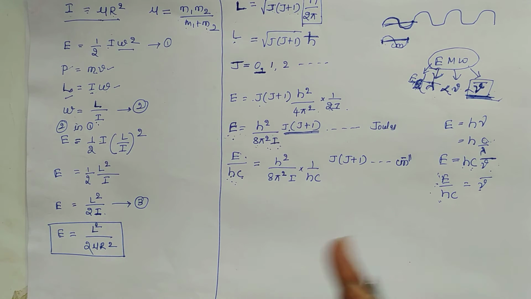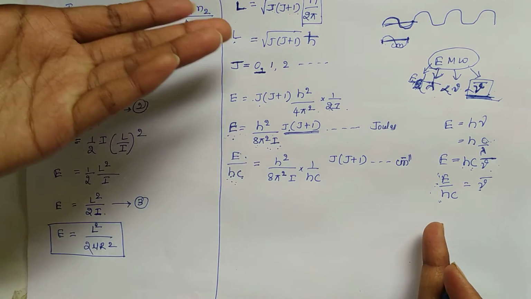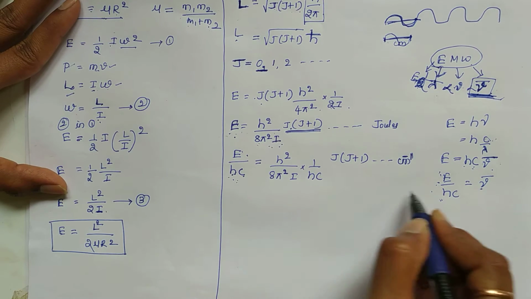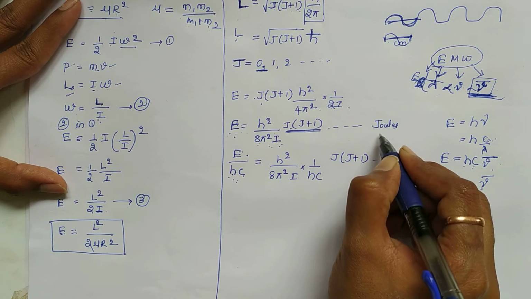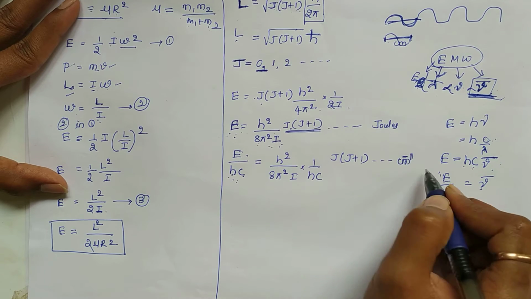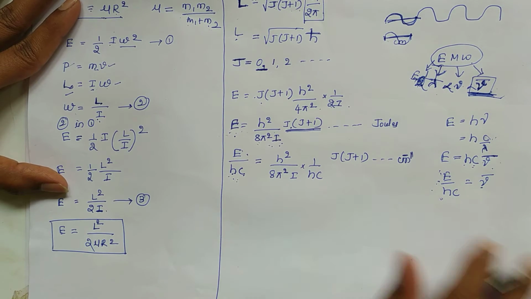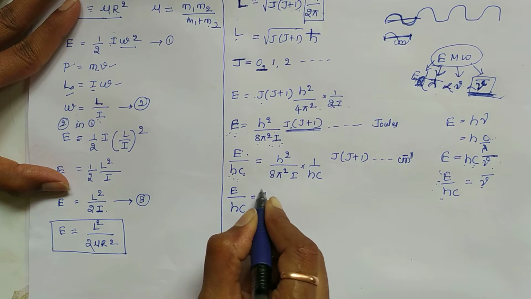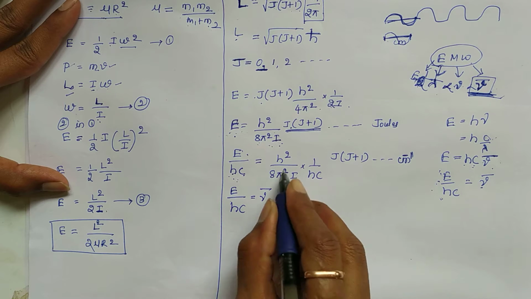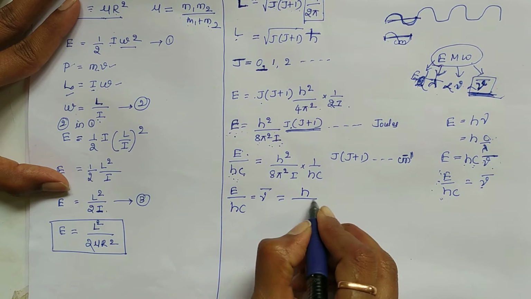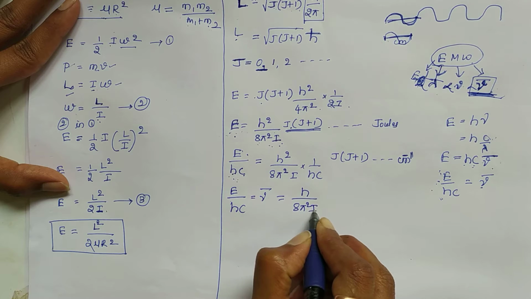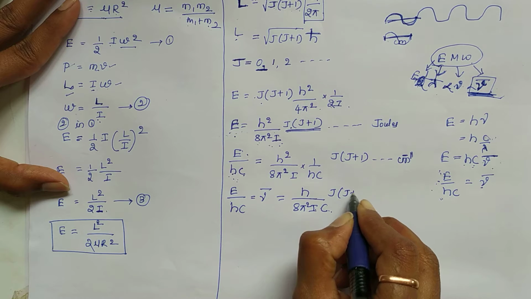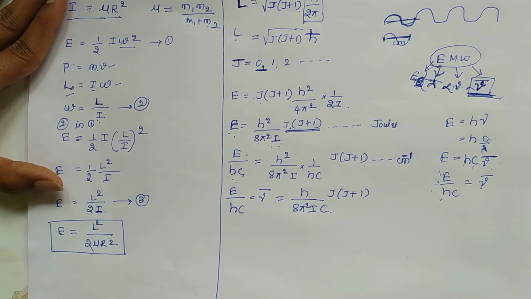Per unit length we are measuring, and length we can express in centimeters or meters, so the unit will be per centimeter. Earlier the energy was in terms of joules; now I have converted that into centimeters. So if we simplify, E by hc represents wave number, and that is equal to h divided by 8 pi square I into c, into J into J plus 1, where the h cancels out.